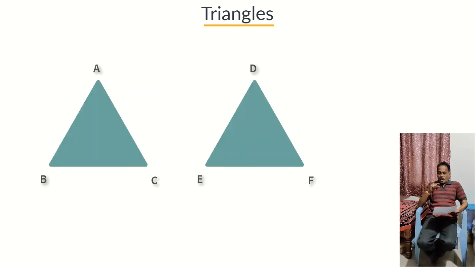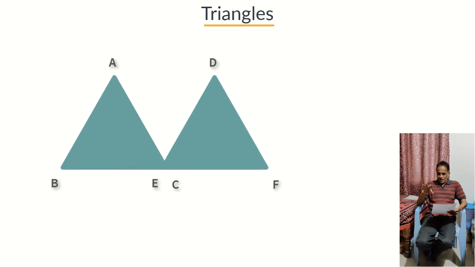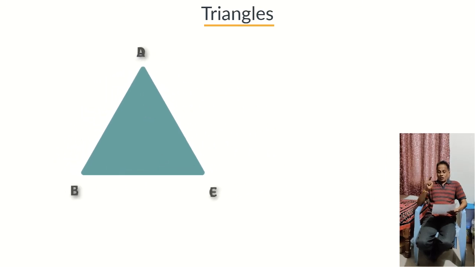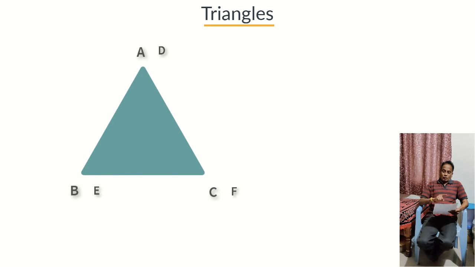In triangle ABC and triangle DEF, the letter A corresponds to letter D, the letter B corresponds to letter E, the letter C corresponds to letter F. Meaning in geometry, vertex A is coinciding on vertex D. Similarly, vertex B is coinciding on vertex E. Similarly, vertex C is coinciding on vertex F.